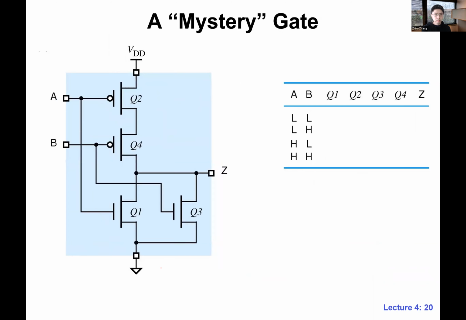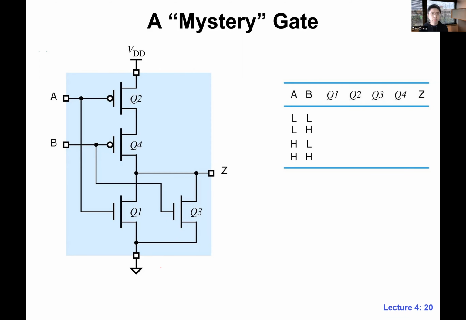Before we do the quiz, actually the quiz is about this gate. I'm going to ask you about this gate, but before we do that, let's do some exercises, just to make sure that you are following. So this is the mystery gate. You already know the answer. Don't type it. The quiz is about this. Let's look at this gate.